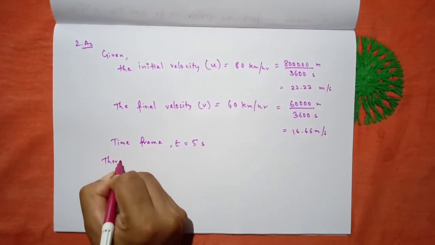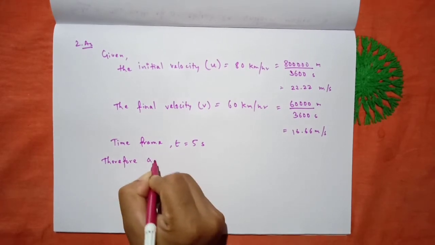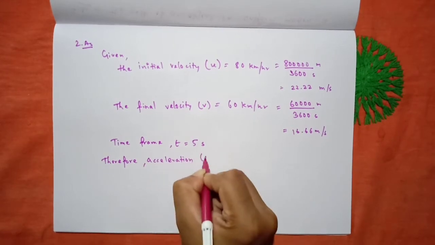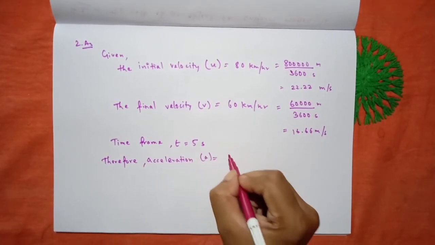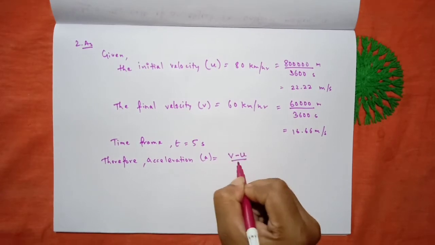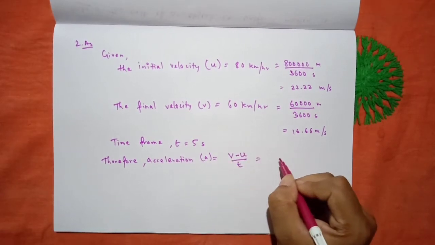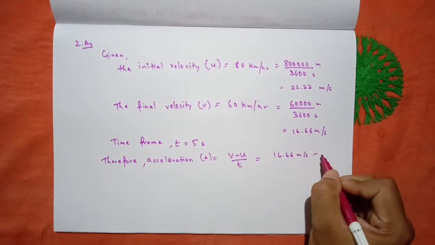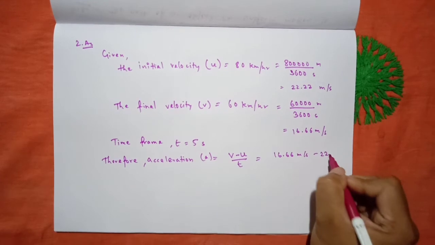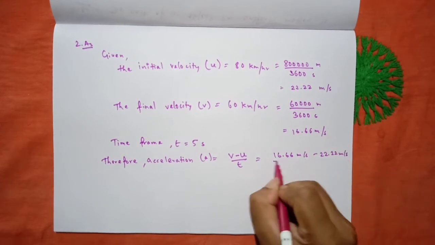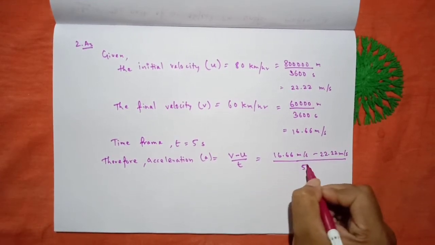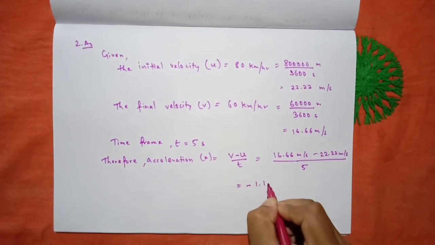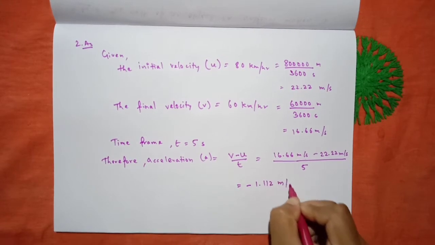Therefore acceleration a is equal to v minus u by t. Now what is v? 16.66 meter per second minus 22.22 meter per second divided by time, which is 5 seconds, which we get the answer as minus 1.112 meter per second square.